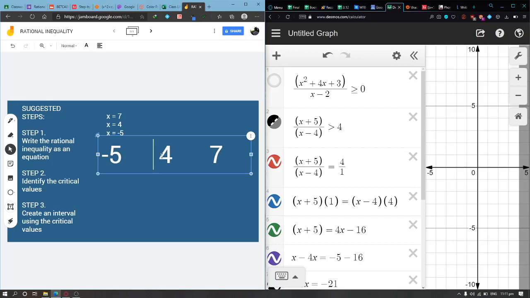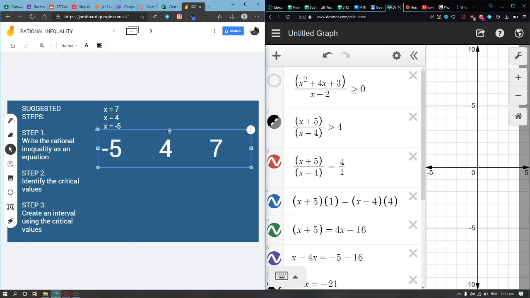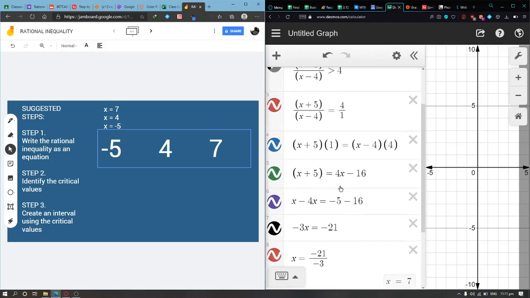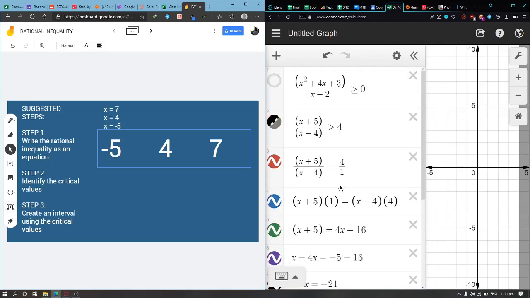So how to make a test here? The value of x should be satisfying our inequality right here. So what is our inequality? It must be as simplified here: x plus 5 over x minus 4 greater than 4. To solve this, we will try to understand what the signs are.